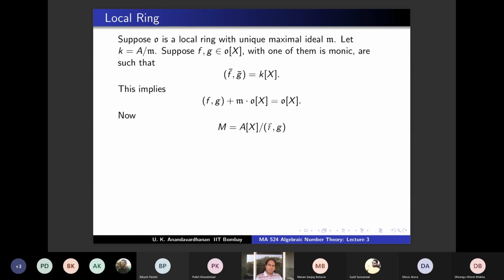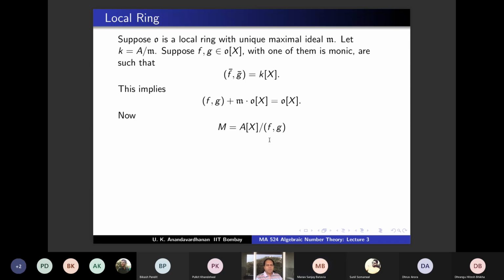Suppose you just quotient by one of them, f, and f is given to be monic. Do you agree it's finitely generated? Yes, you look at the degree of f. Then it's generated by 1, x bar, x bar squared, up to x bar to the n minus 1. That's enough, right?